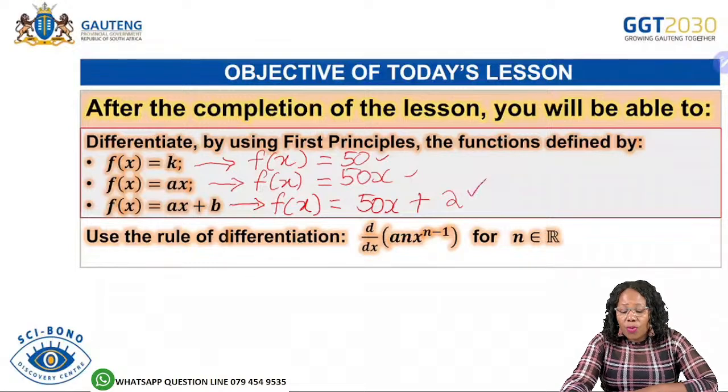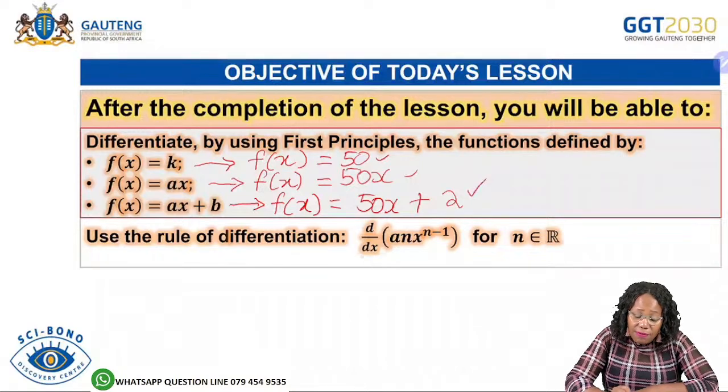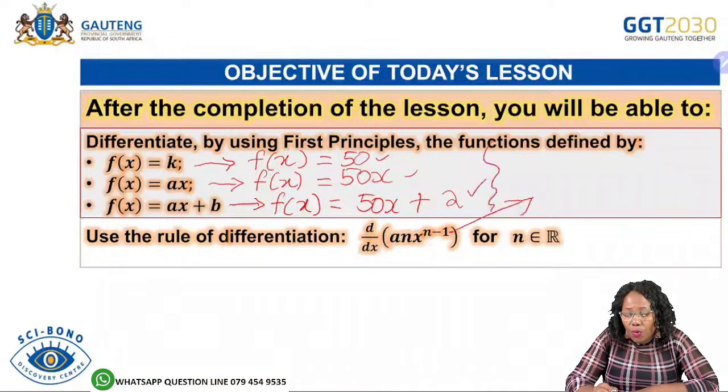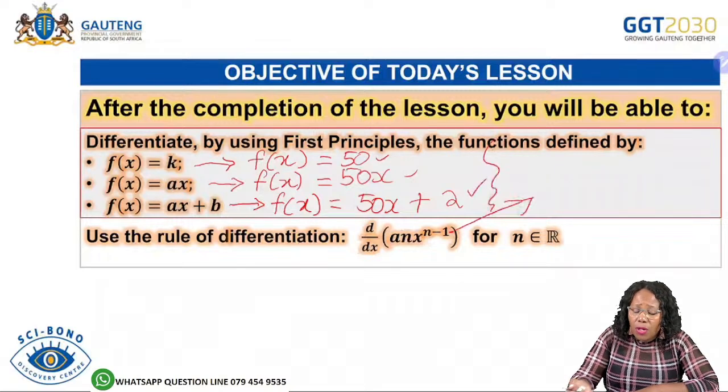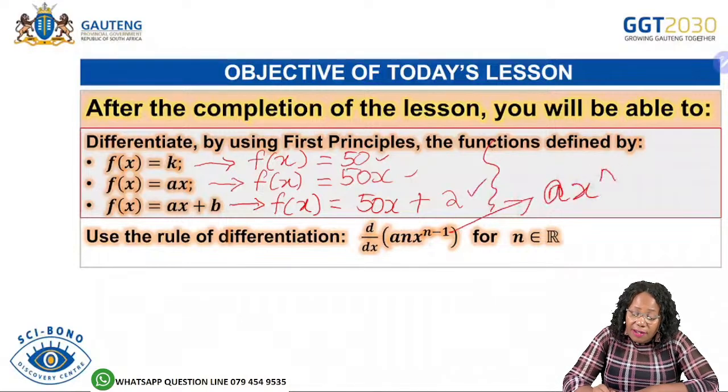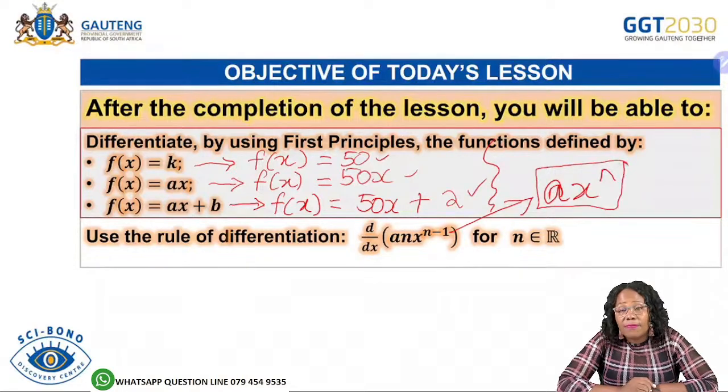And then secondly, you will be able to use the rule of differentiation where you have a derivative. This comes from the original equation. Let's say the expression you are given that you need to derive is ax to the power n, and then they ask you to find the derivative of that particular expression.